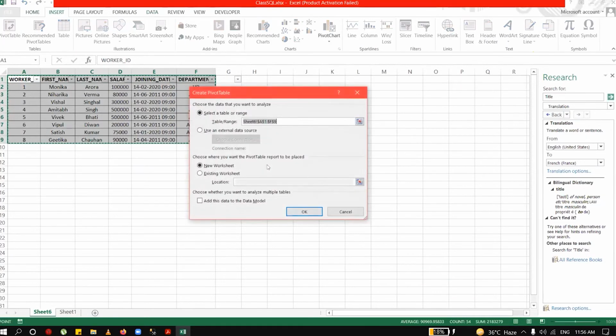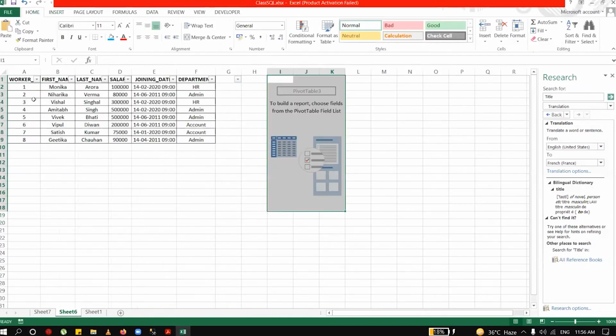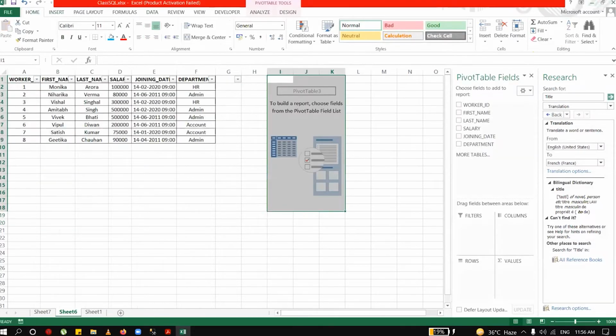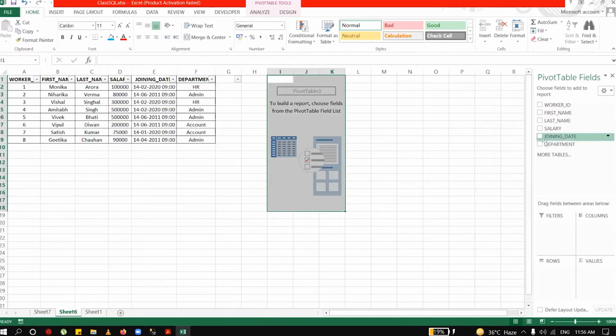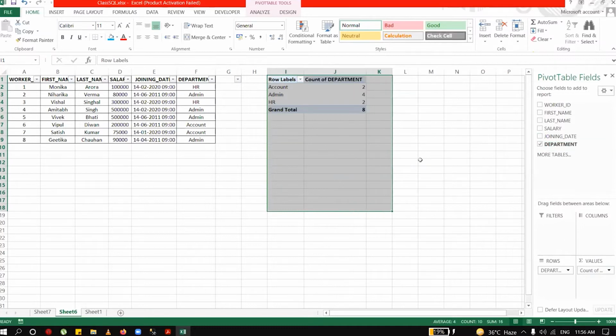Not 5, otherwise I will get all the records. If I do a group by department and count of department, you can see all are less than 5 only. I will get all 3.